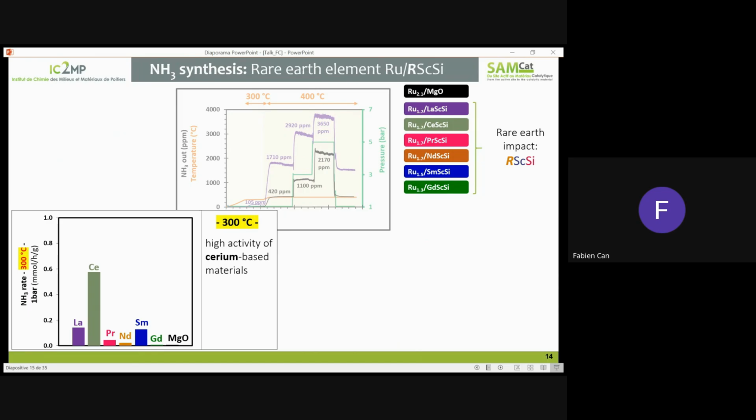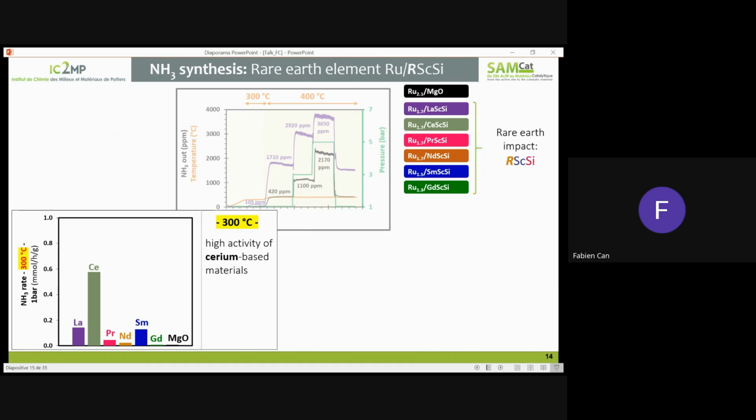Also, an interesting point is that some intermetallics, this one in green, I don't know if you see my mouse, present no activity. So the gadolinium-based intermetallic sample is equivalent to the reference MgO catalyst. It means that we don't have any ammonia emission from this intermetallic catalyst.